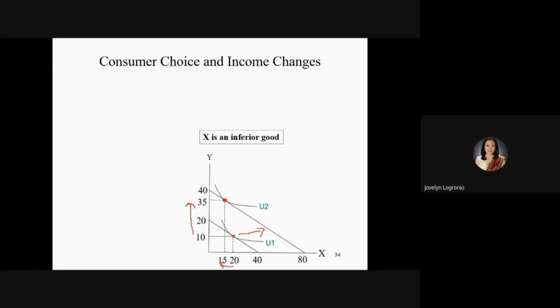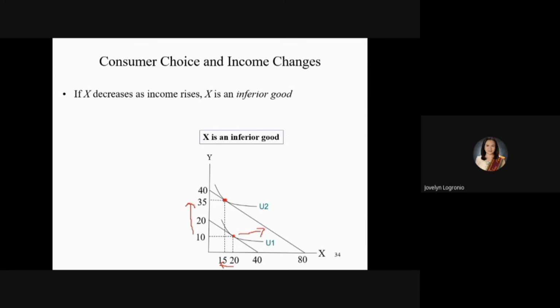So what is an inferior good? If X decreases as income rises, then X is an inferior good. For examples, dirty ice cream, bagoong, or NFA rice. Or as you in the future get a job, then your behavior towards buying bagoong or buying NFA rice will decline.